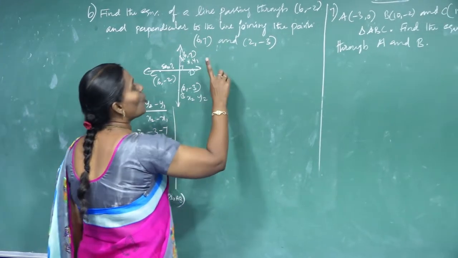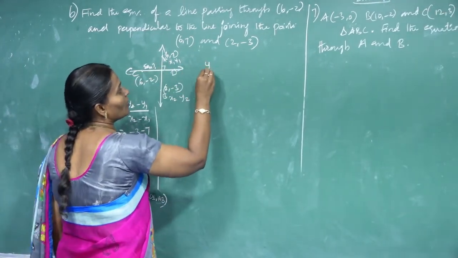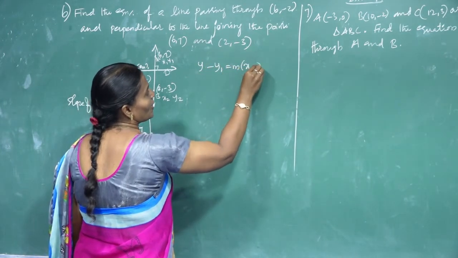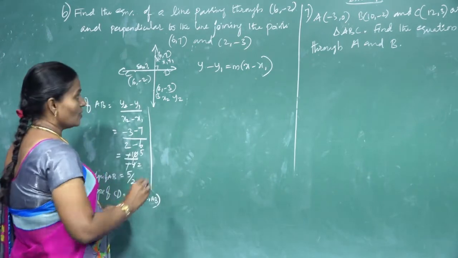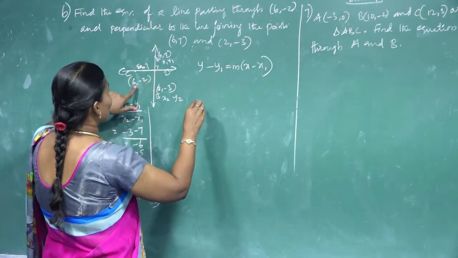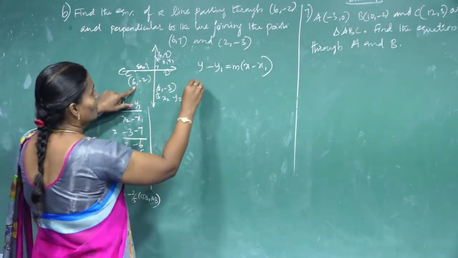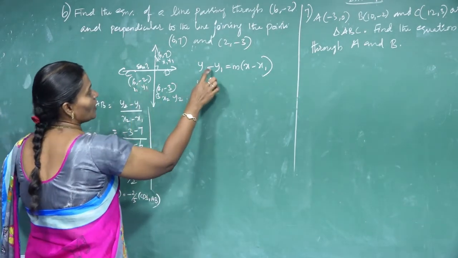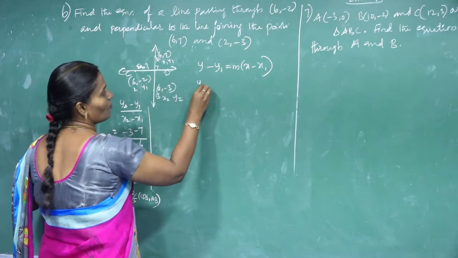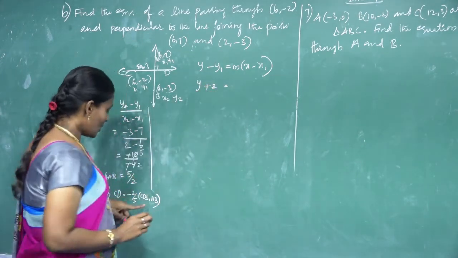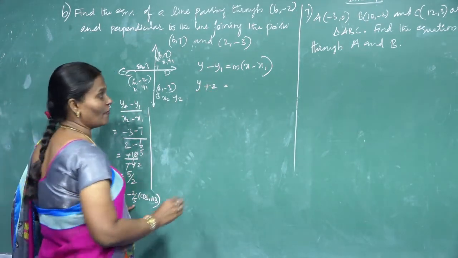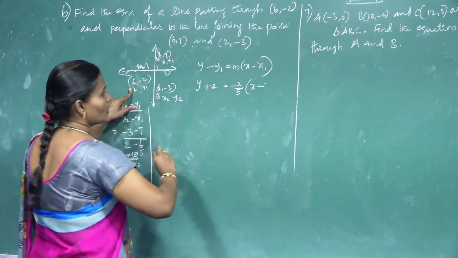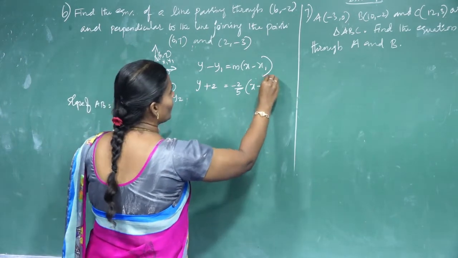We use the slope and one point form: y - y1 = m(x - x1). Here the point is (6, -2). So y1 is -2, minus of minus gives plus 2, equal to the slope of CD, -2 by 5, times (x - x1), where x1 is 6.